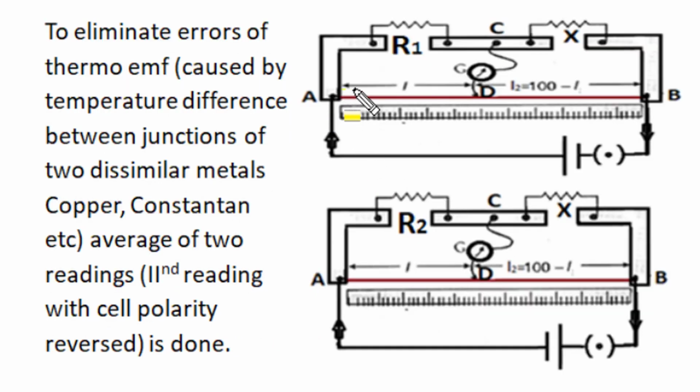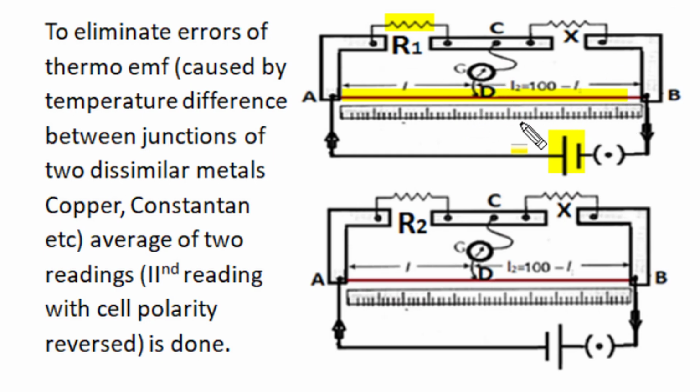If the slide wire and other standard resistances are made of constantan alloy and connecting strips and connection wires are made of copper, then copper and constantan junctions form a thermocouple, and if the thermocouple loop has two different temperatures at two junctions, they produce a small amount of thermo EMF, and that thermo EMF may either add to or subtract from the battery voltage and produce error in our measurement in this bridge circuitry.